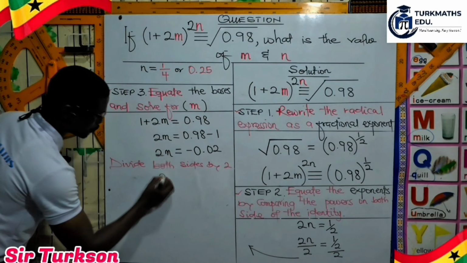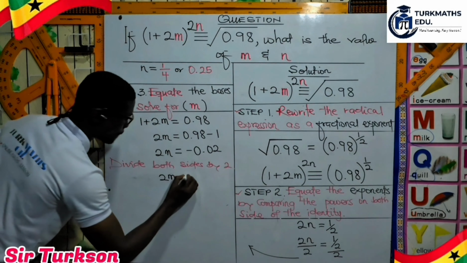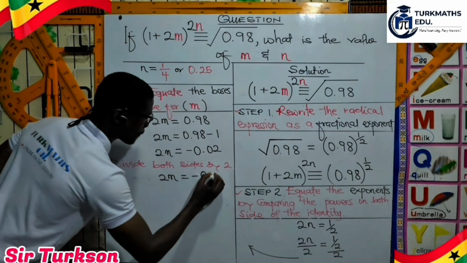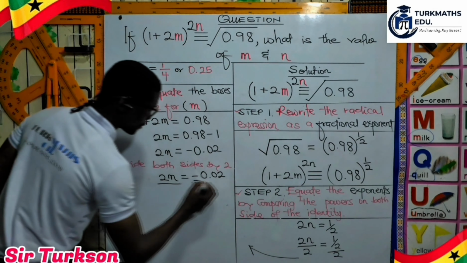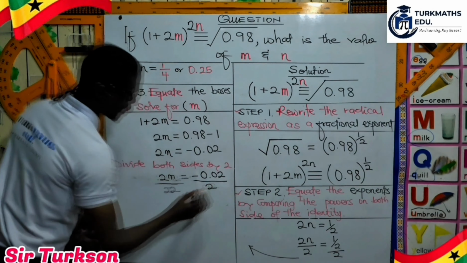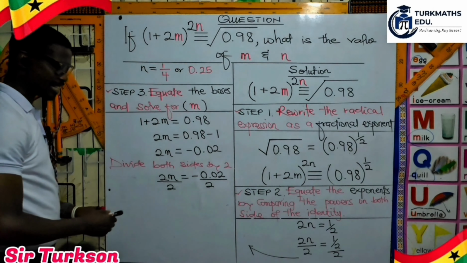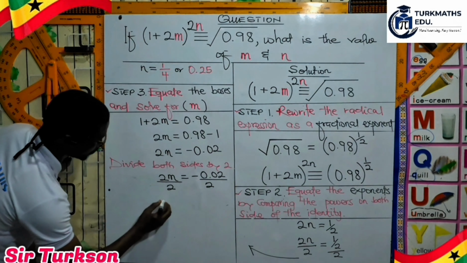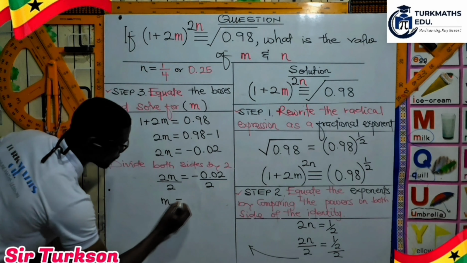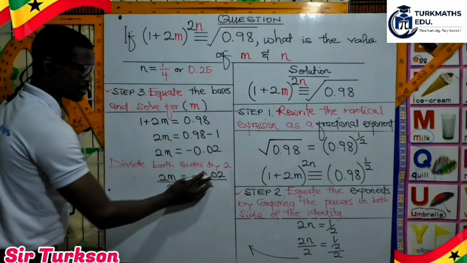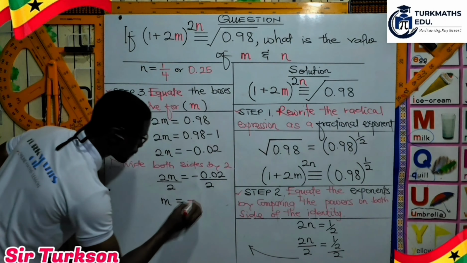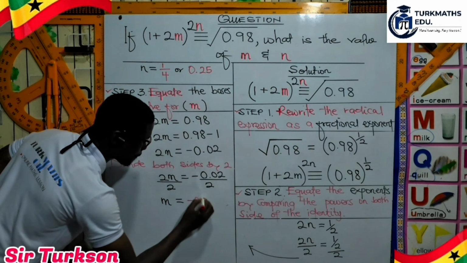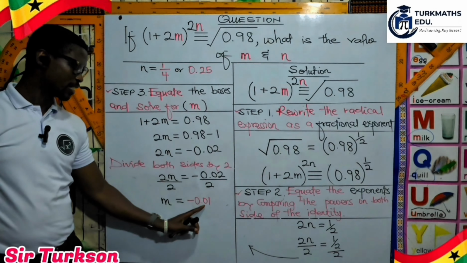Let's do that. n divided by 2 will give us n, and negative 0.02 divided by 2 will give us negative 0.01.